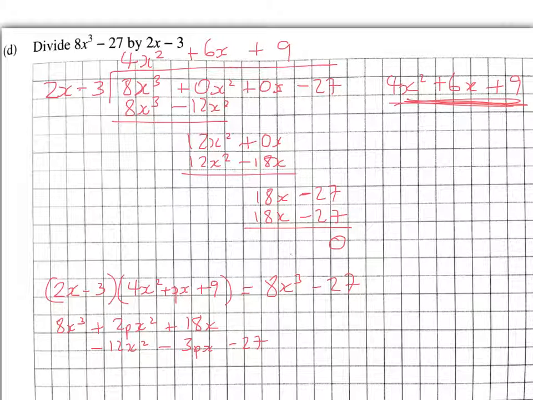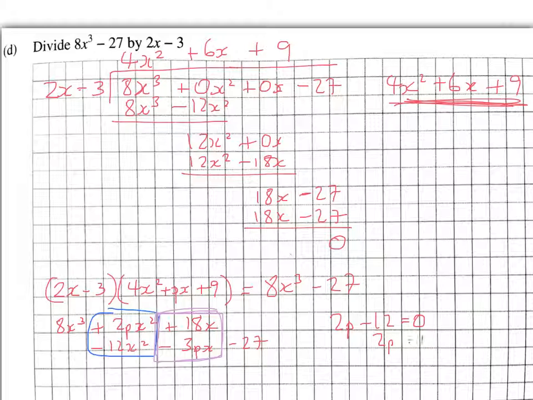So we now compare what we have on the left-hand side with what we have on the right-hand side. So 8x cubed, that's fine, minus 27, that's fine. We don't have any x squareds, so what we should find is this expression here should cancel itself out. Likewise, if I look at the other term we've got there, these two terms should cancel each other out. So we have 2p and minus 12 must equal 0.